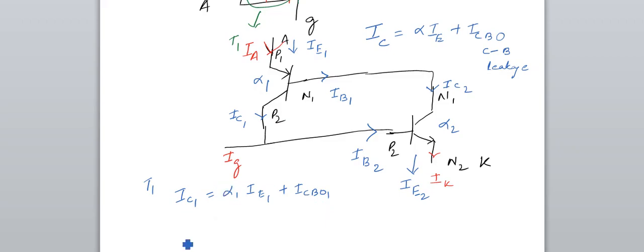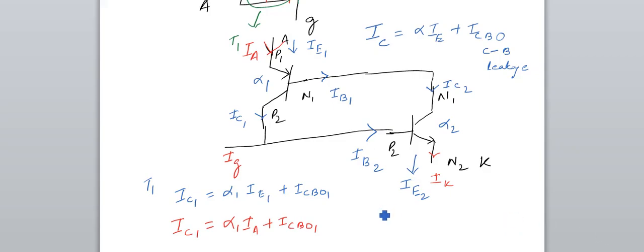In terms of your SCR analogy, IE1 is nothing but your anode current IA, so IC1 equals alpha 1 IA plus ICBO1.